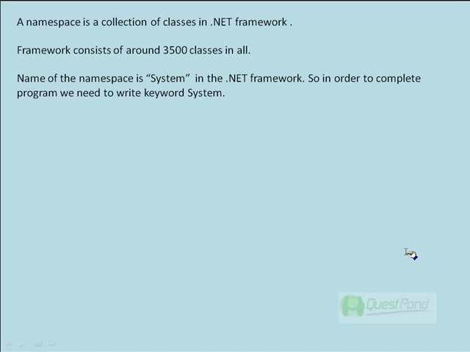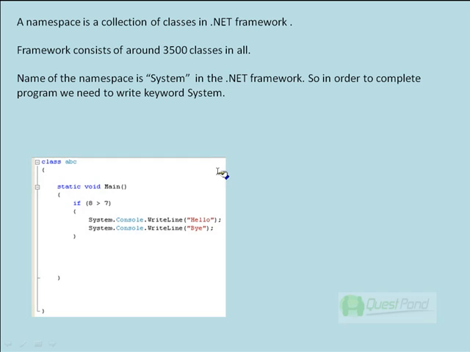So this was the traditional way of writing the program previously. In our display statement, we used to include the system keyword twice in order to make the program complete and to display the output statement.